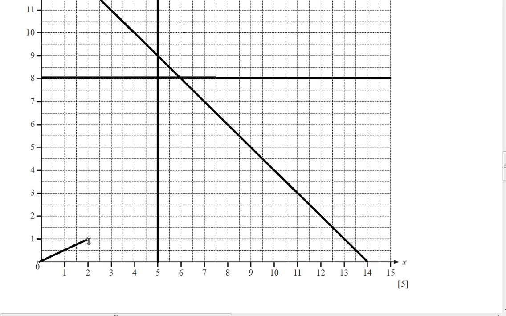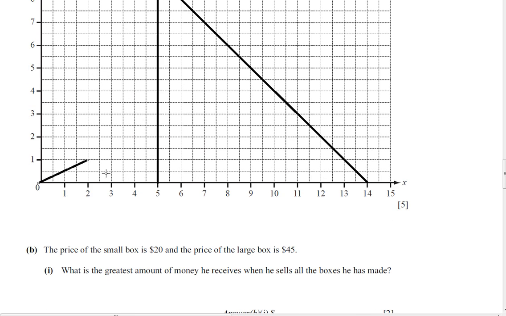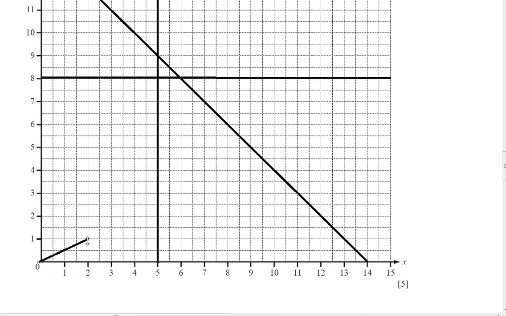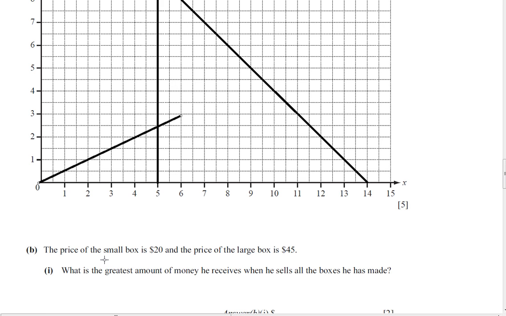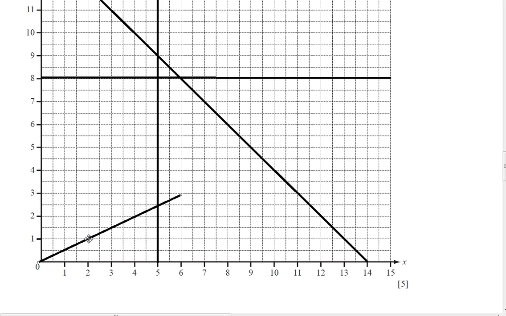It goes through here, and you can see it goes 2 across, 1 up, 2 across, 1 up, etc. Let me double check this. This is correct. 2 across, 1 up, 2 across, 1 up, 2 across, 1 up.